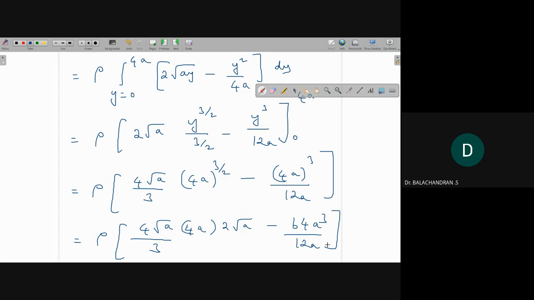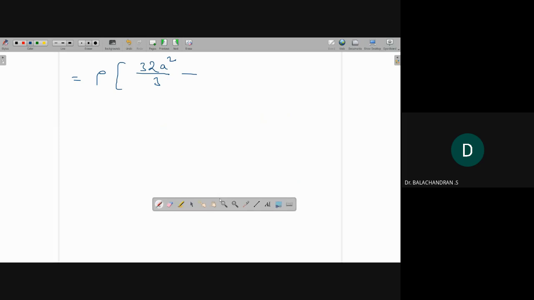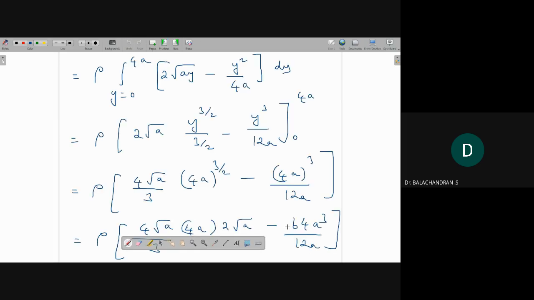If you simplify, the numerator gives 32a square by 3 minus 16 by 3 a square.